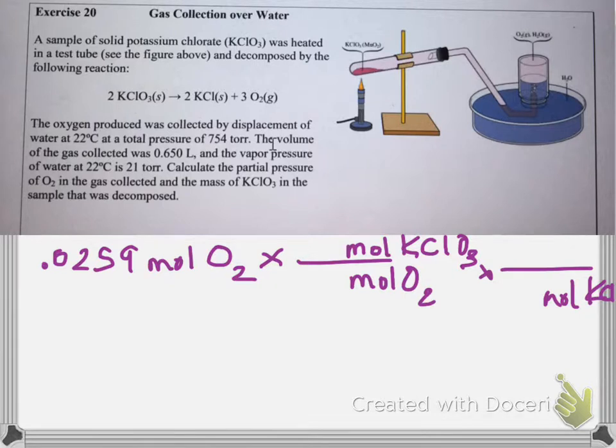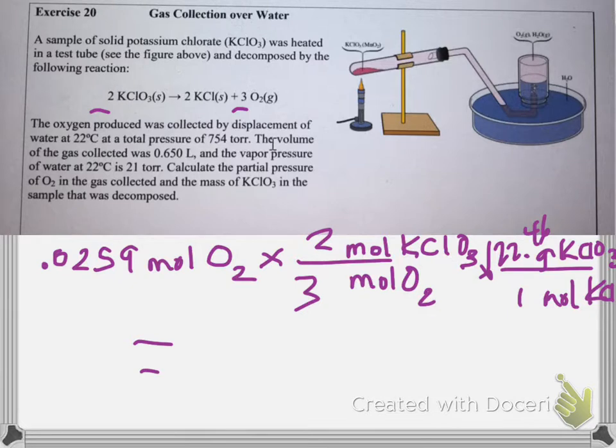I apologize, the rest of it didn't make it on the slide. To get these numbers, the mole ratio is 3 to 2. 3 moles of oxygen gives us 2 moles of potassium chlorate. And for our grams to moles, we are just looking at the molar mass, which is 122.46 grams of potassium chlorate in every 1 mole of potassium chlorate.